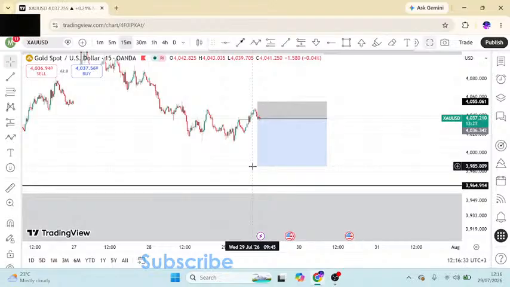Follow your plan, guys. I might trade an account here that is not equal to your account size, so it depends on the account size that you have. So be attentive and follow your risk management.